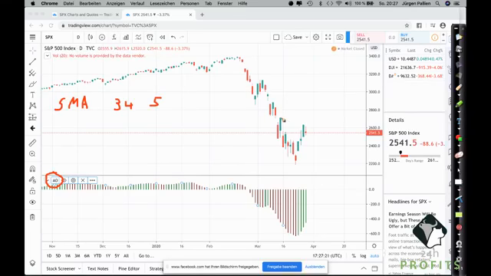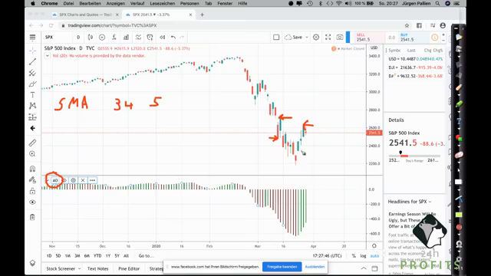Just to show you the difference, normally here we would have the closing price, so that's where this candle ends, or here this would be a closing price as well. That's where the upwards candle ends, and of course on the other side, a downwards candle would have a closing here where the body is ending.